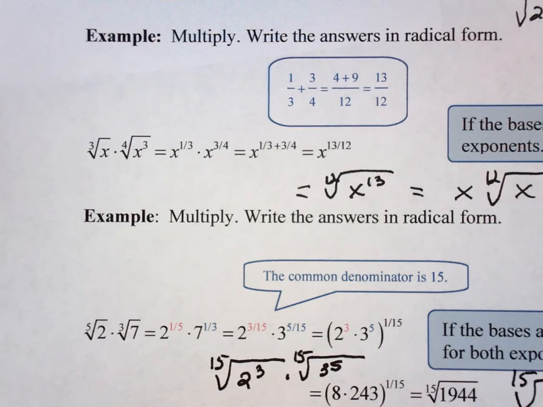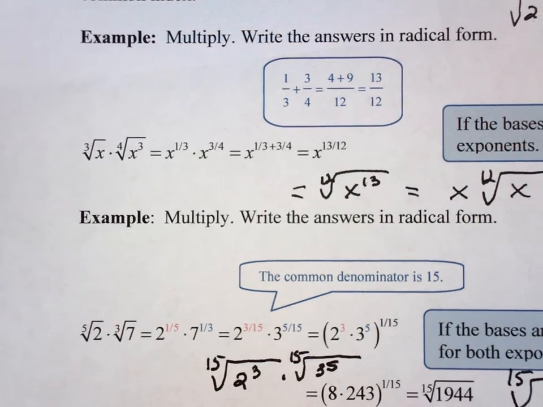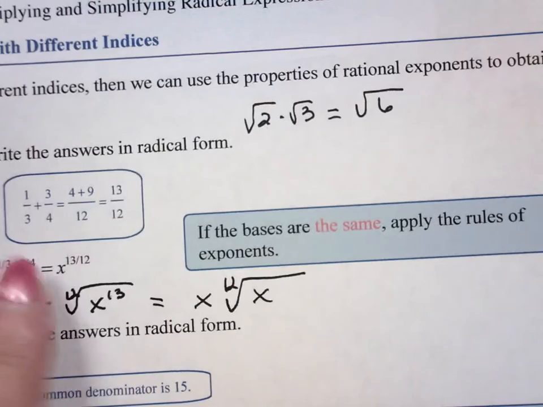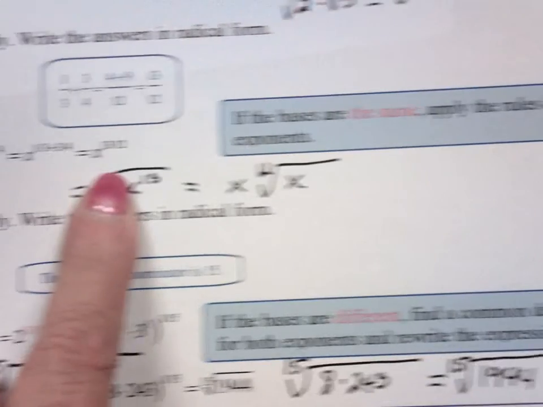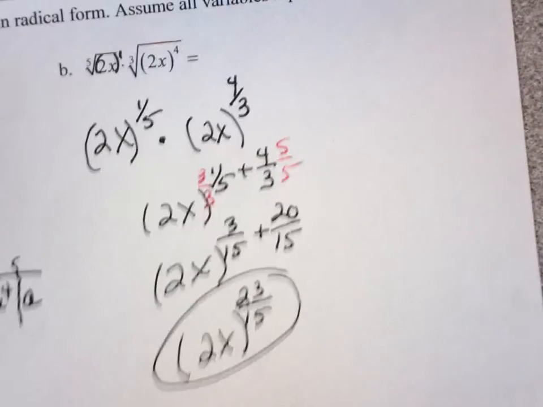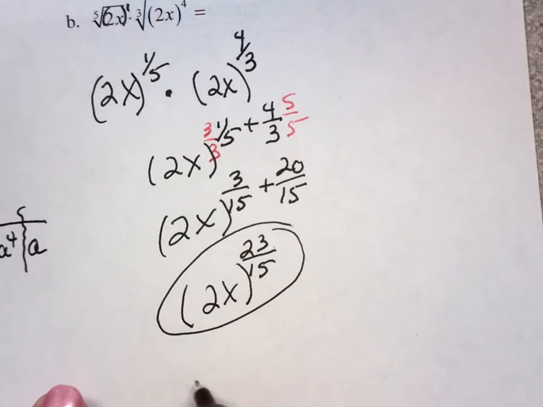Neither one of them wrote it in radical form. The instructions say write your answer in radical form, and see here they said write your answer in radical form. Did they write their answer in radical form? No. Brats.